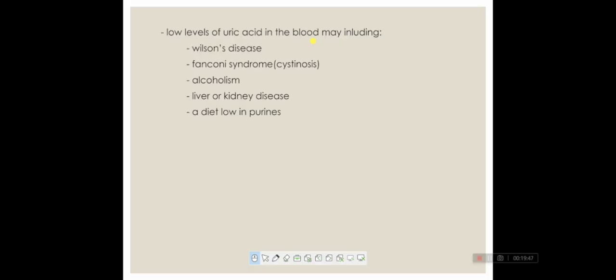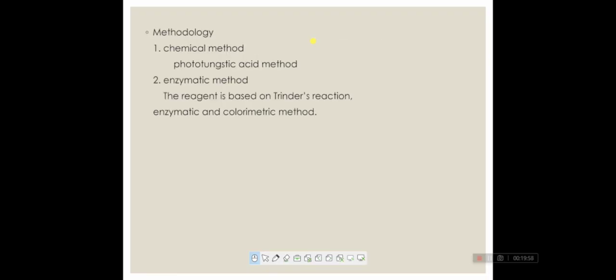Whereas low levels of uric acid in the blood may be found in diseases such as Wilson's disease, Fanconi syndrome, alcoholism, liver or kidney disease, and a low diet in purines.